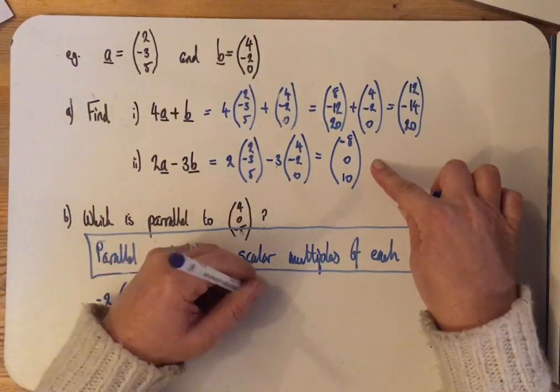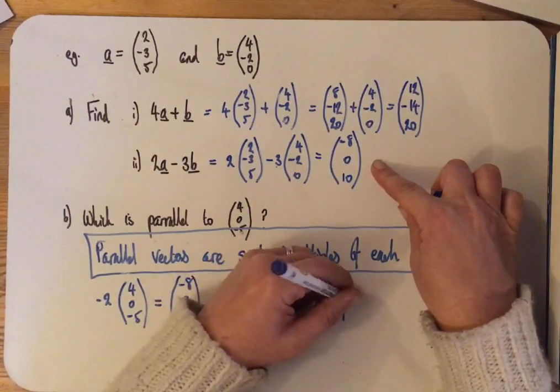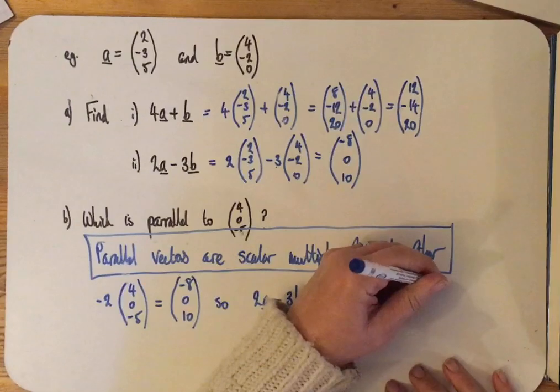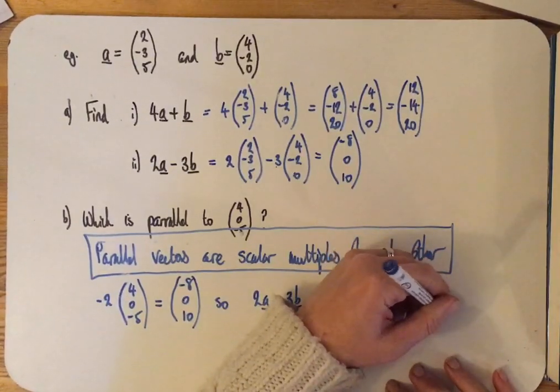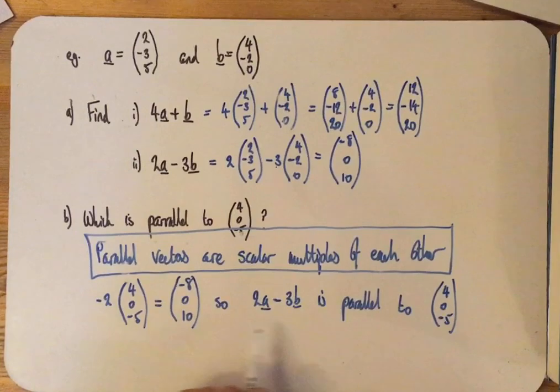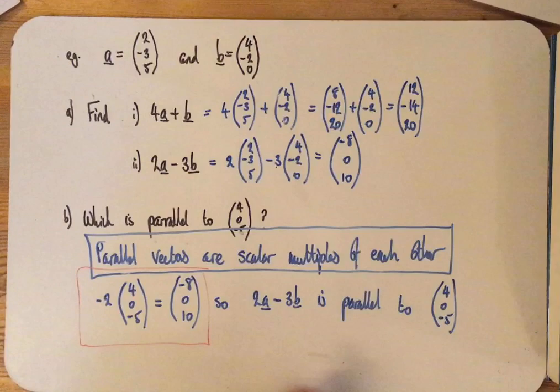So 2a minus 3b is parallel to (4, 0, -5). So you just need to show that it's a scalar multiple. One of them is a scalar multiple of the other, and that's enough to show that they're parallel. So it's enough working there, but you definitely do need to demonstrate this bit here, and then a little explanation to get your marks.